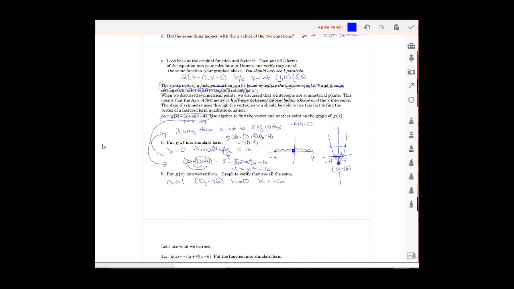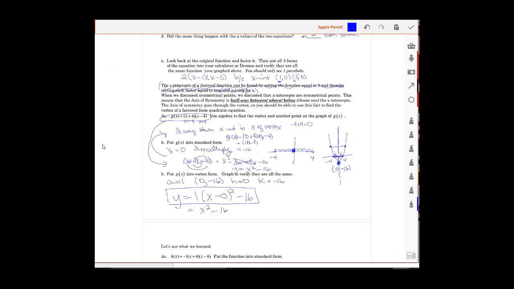So y is equal to a, you don't necessarily have to write 1, times (x minus 0), you don't necessarily have to write minus 0 when it's 0, but we will, and then plus my k, which is negative 16. This can also be written as just plain x squared minus 16, but in vertex form, that's the way it's written.